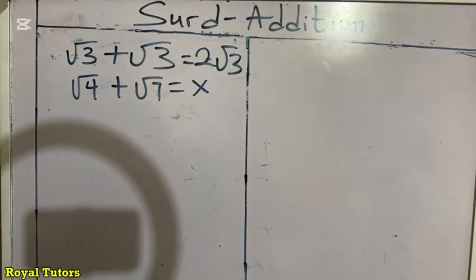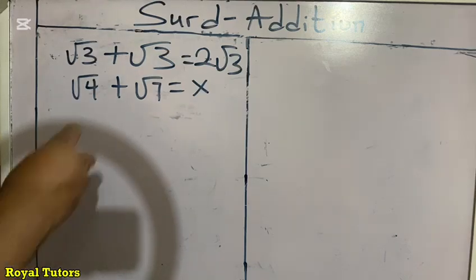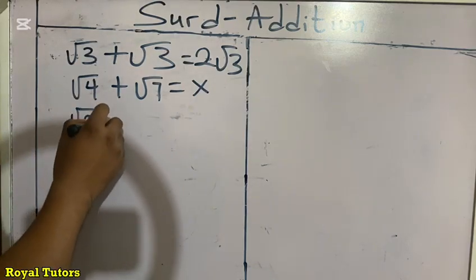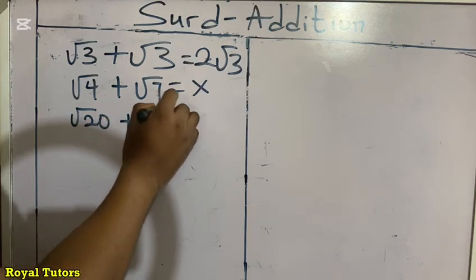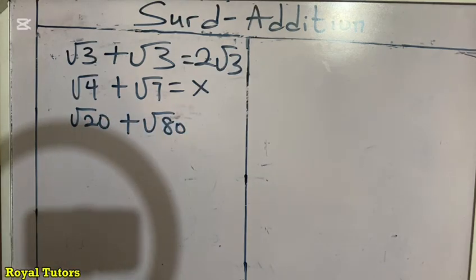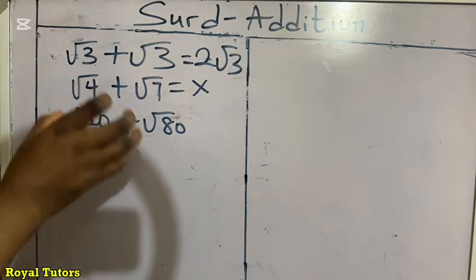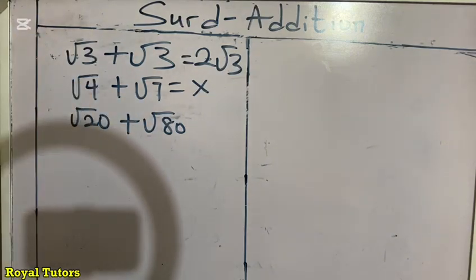All right, so now let's take a look at a more advanced question in line with addition of surd. Let's say you have root 20 plus root 80. Before you add this together, you will need to simplify, because in this case they do not have the same number in the root, but it can be simplified in such a way that we can end up having the same number in the root. How?